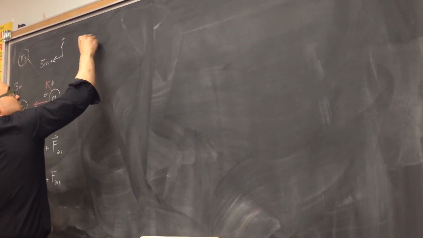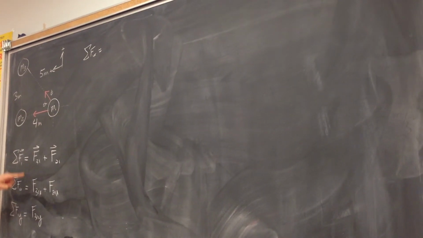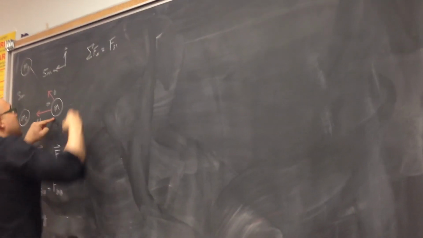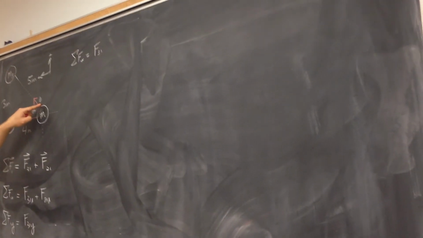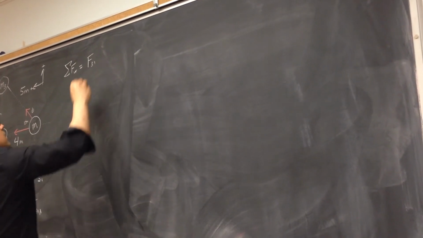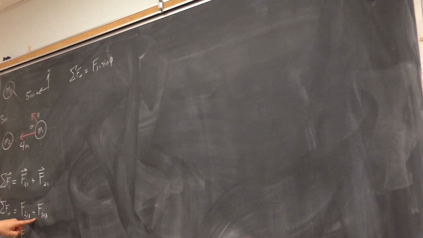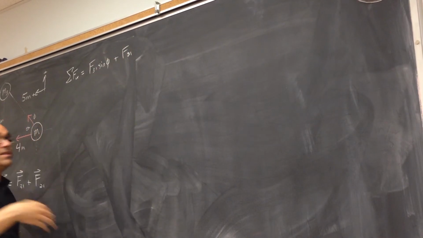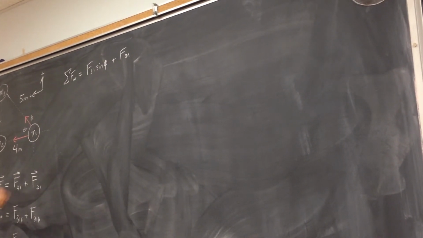Okay, so the sum of the forces in the x will be F31x, which would be F31, and I'll use this angle up here. F31 sine of that plus F21. F21x is the same as F21 because it's horizontal from M1.